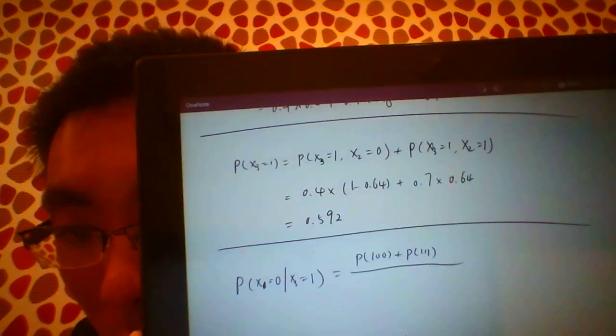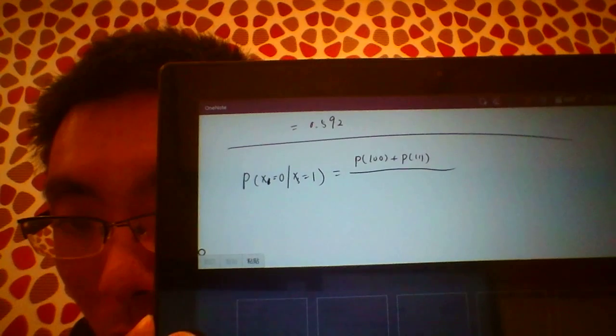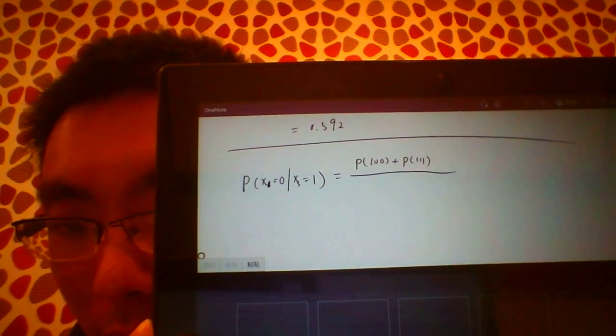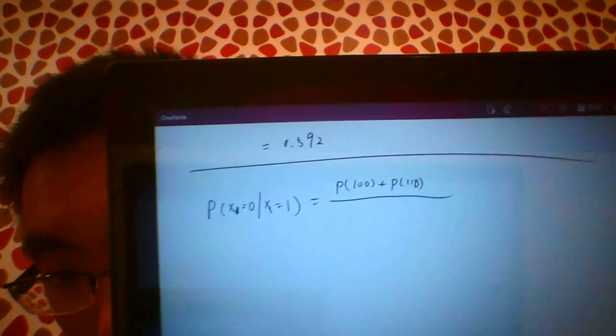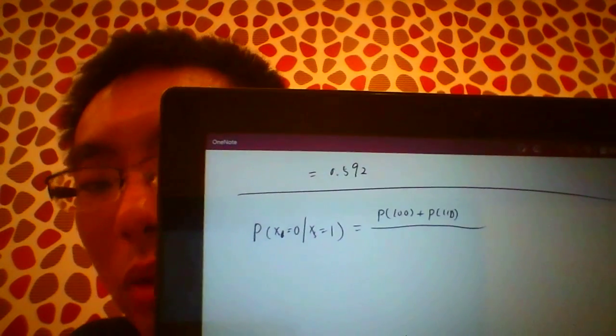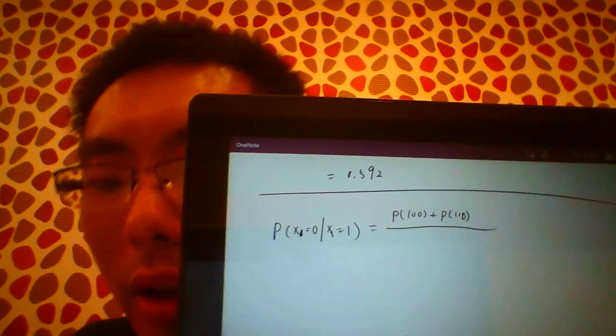I just want to write this shortly: 100 means X3 is 1, X2 is 0, X1 is 0, and 110 means X3 is 1, X2 is 1, X1 is 0. So I'll make this short.